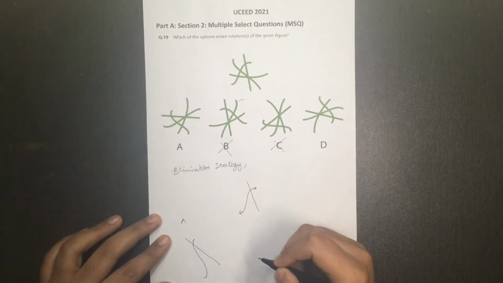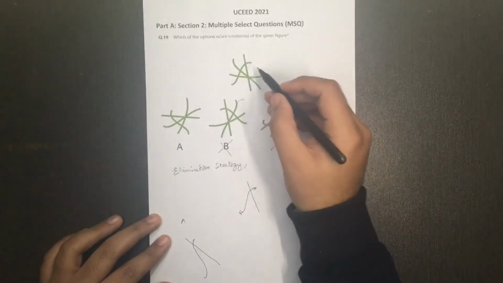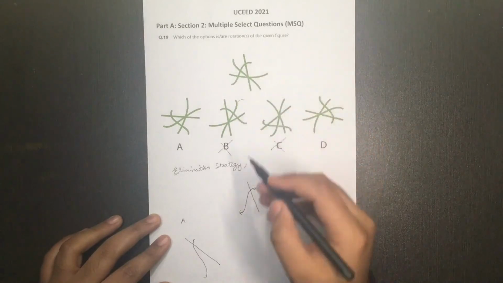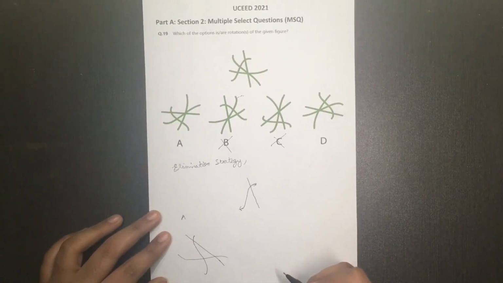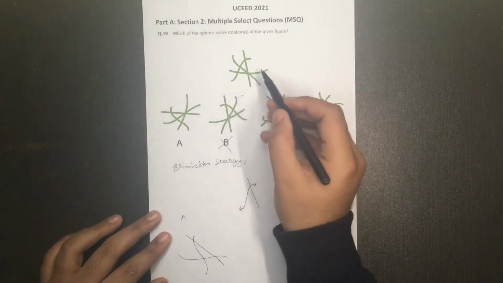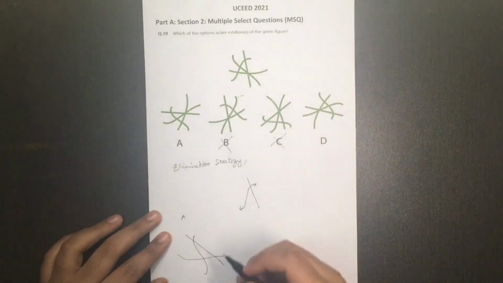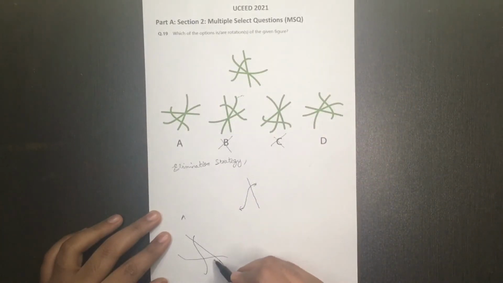Then there should be another curved line passing through the point on the line itself, somewhat like this. And we have one more line which is going towards the inside but passing over here, somewhat like this, right?